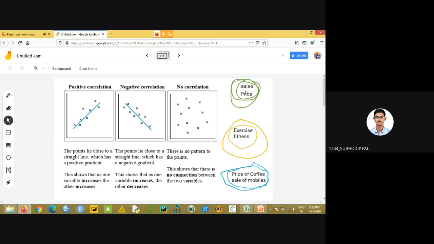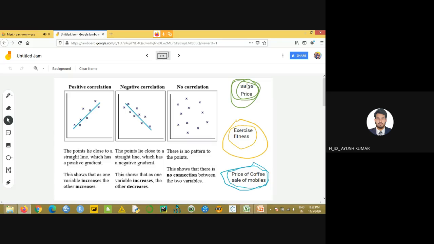If I say cost, then it will have positive correlation. Cost is incurred by the company, while price is incurred by the customer. So if the price is high, then the customer will not buy that product, so sales will decrease. That is negative correlation.